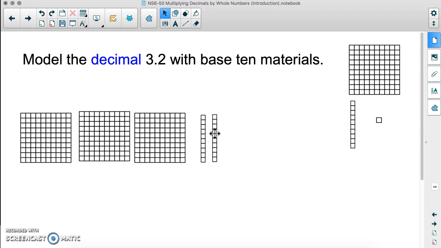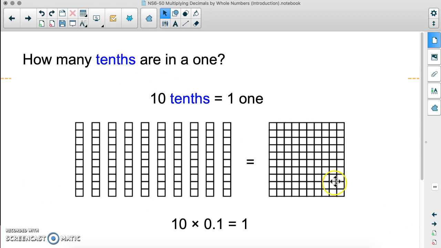That's how I would represent 3.2 with base 10 materials. Now, if I look at this one here, how many tenths are in a 1? Well, I have 10 tenths, and that makes up 1 cube. So if you add up the 10 tenths, you get 1, so 10 tenths equals 1. Therefore, I can write 10 times 0.1 equals 1.